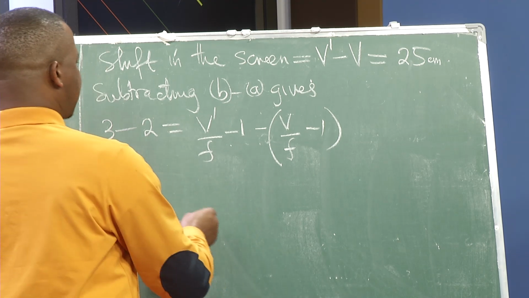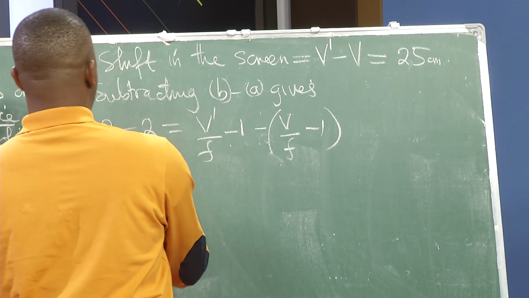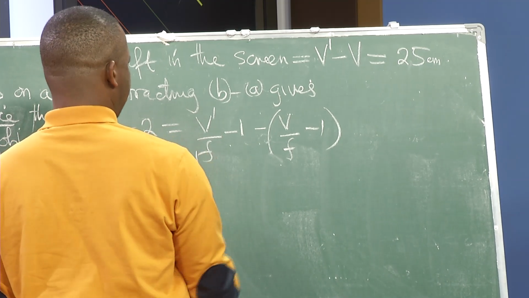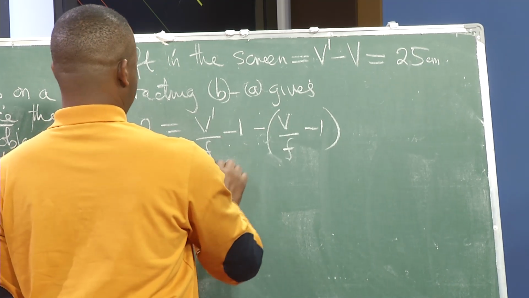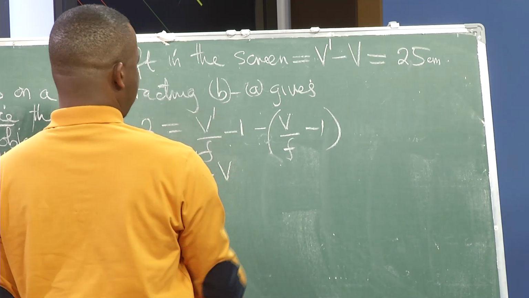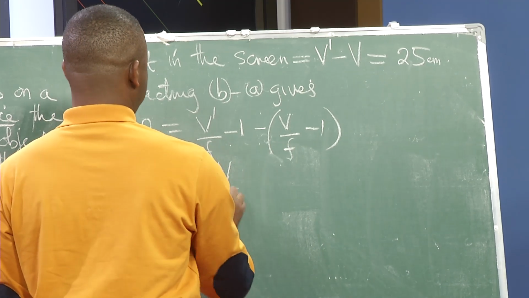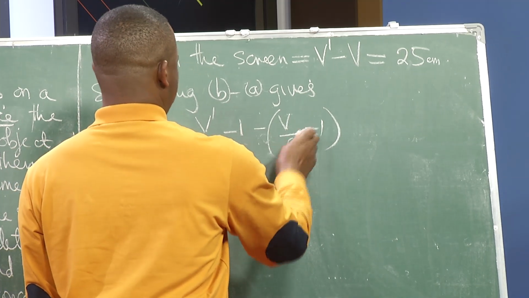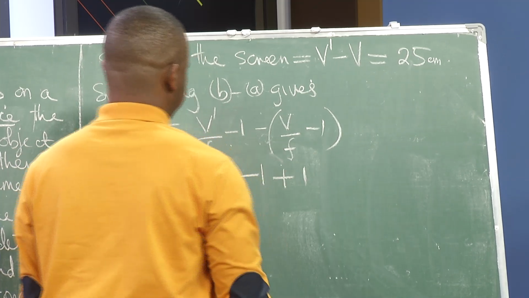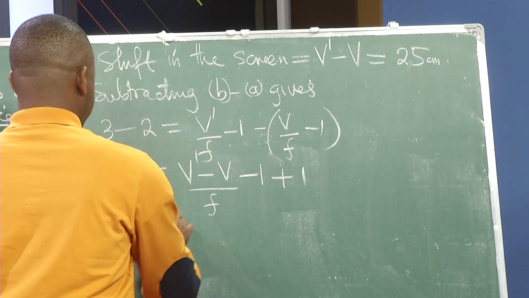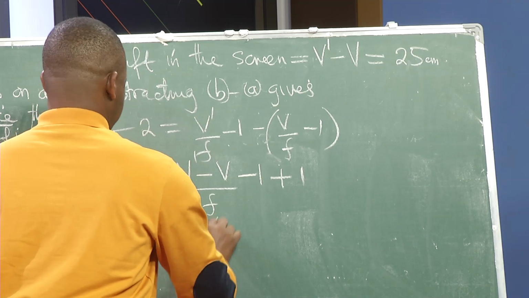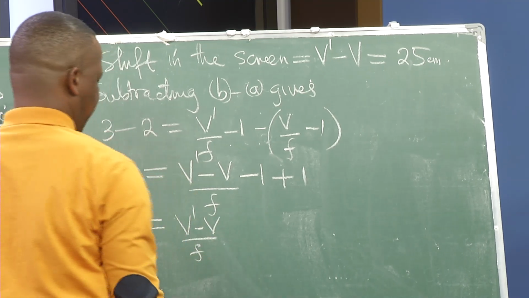If we open brackets, this will give us a 1. We shall have V prime over F, and if we open brackets here, we shall take away V, all over F. And we shall have minus 1, minus minus will give us a positive. And therefore, our 1 would be equal to V prime minus V over F.